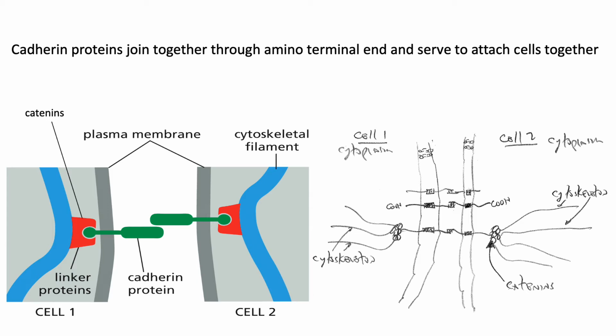One coming out of cell 1, one coming out of cell 2. They interact through their amino terminus. And then on the interior of the cell, on the cytoplasmic portion, the carboxy terminus interacts with the catenin. That's what I showed you before. And then that catenin is bound to the keratin filaments.